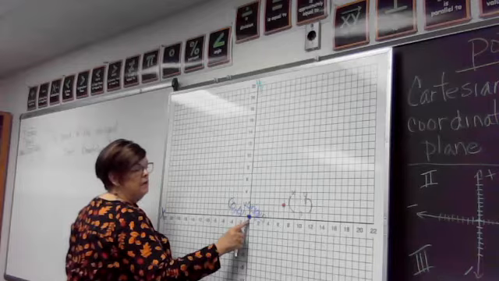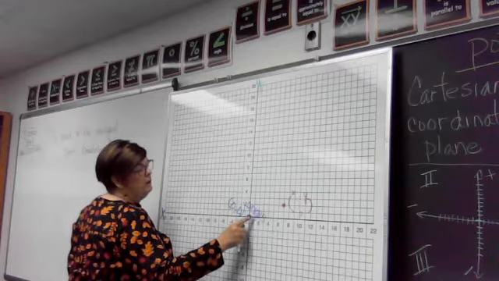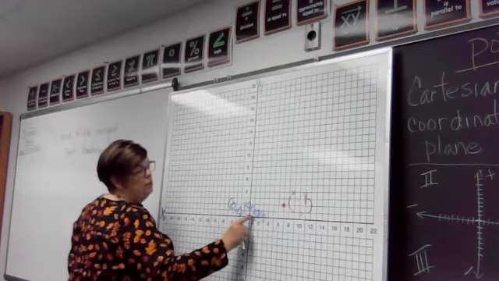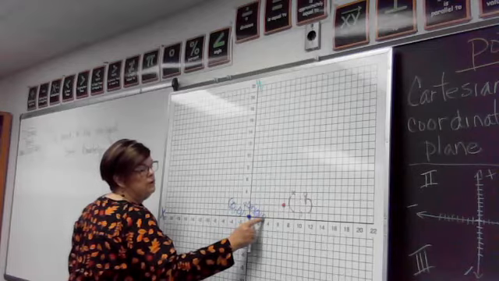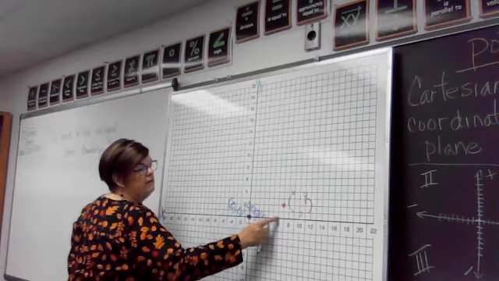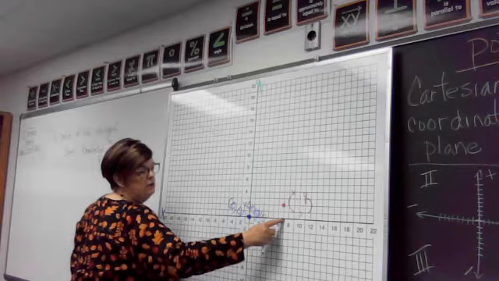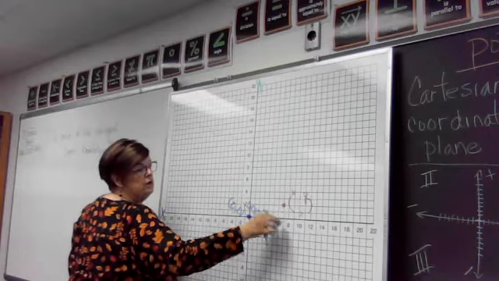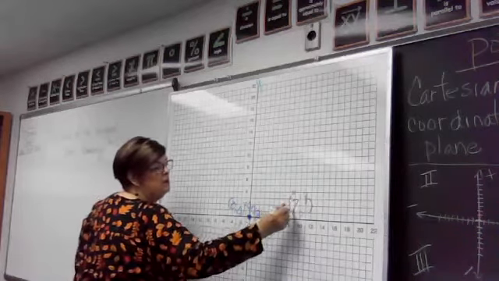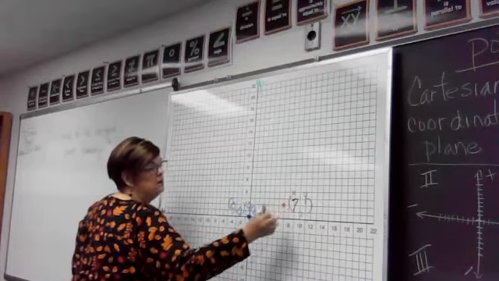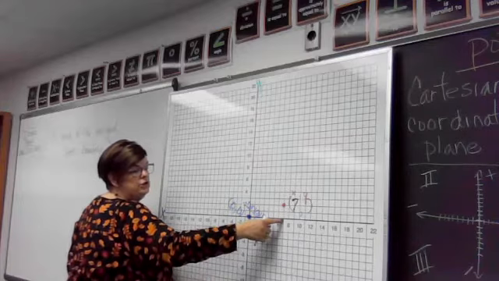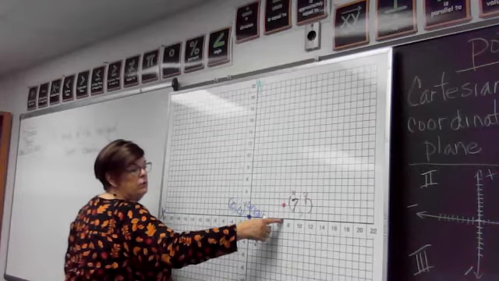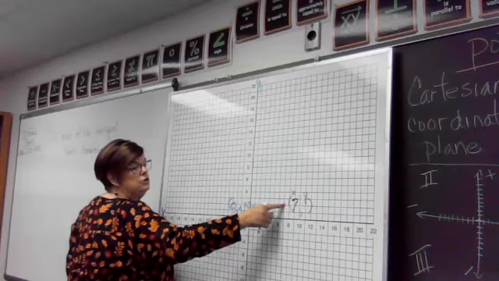So from here, this is like walking blocks or driving. 1, 2, 3, 4, 5, 6, 7 blocks on the x-axis, because now it's time to turn. So I went 7 blocks till I got to a turn, and then I went 1, 2.